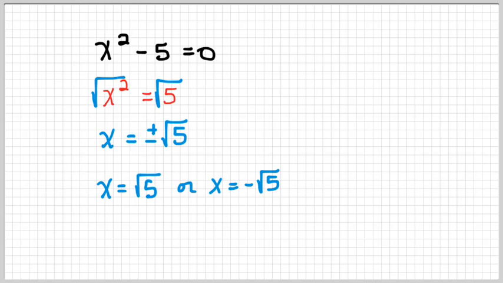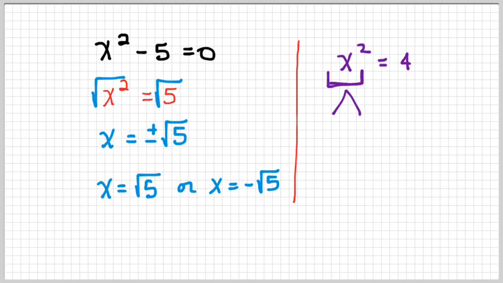Let's briefly discuss why we always get that plus or minus, so you understand why that's true. We'll look at a simpler example. We'll say x squared equals 4. When I square root both sides, our first inclination is just to square root the 4 and say our answer is 2. However, we need to look at what the equation is asking. In this case, it's saying, what can I square that gives me 4?